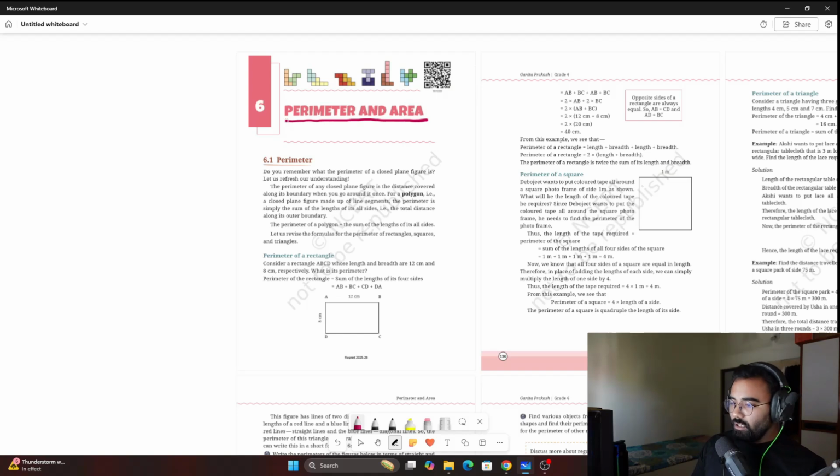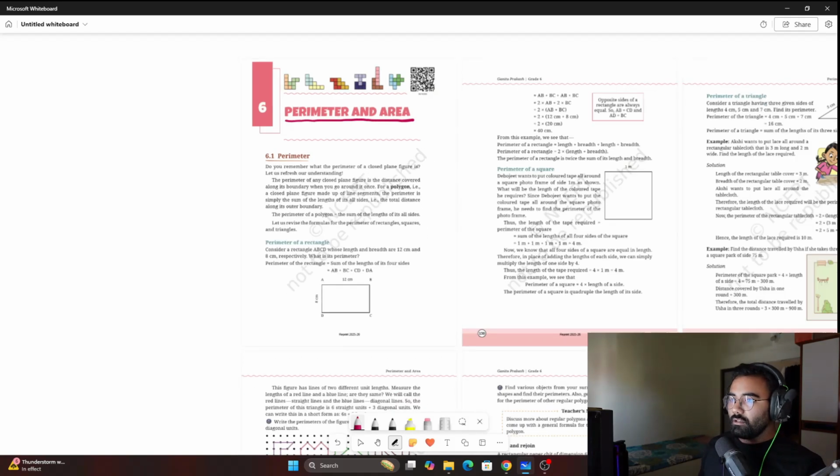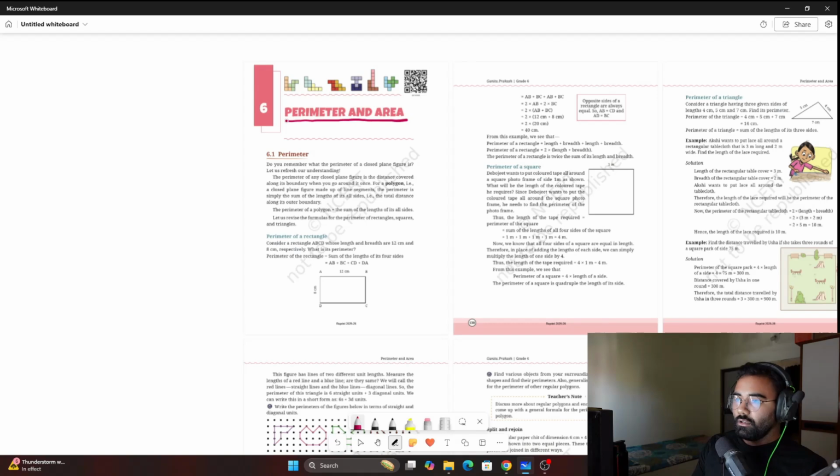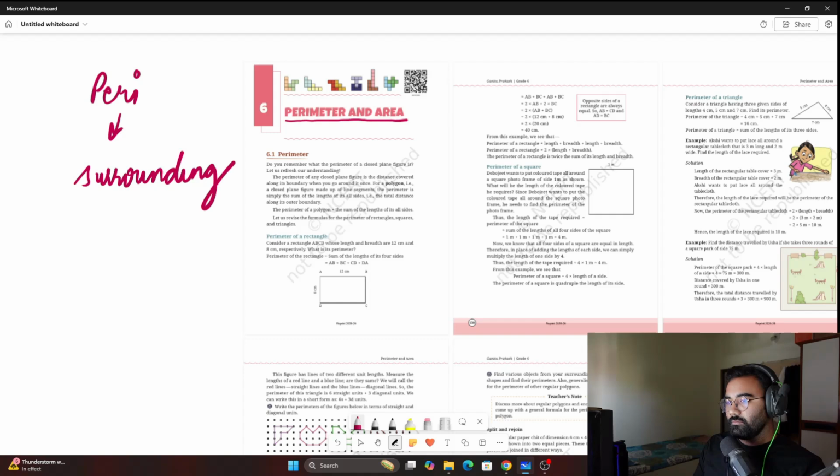So before getting into the formula part, let us talk a little bit about where this word perimeter comes from. So peri in Greek means surroundings.